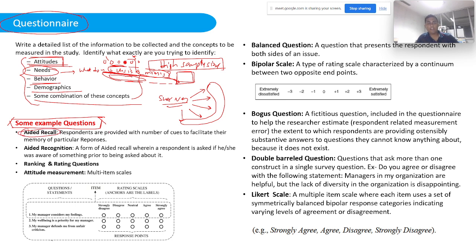That means you provide some sort of clue to the user for the response. For example, you have pictures and you give five characteristics.